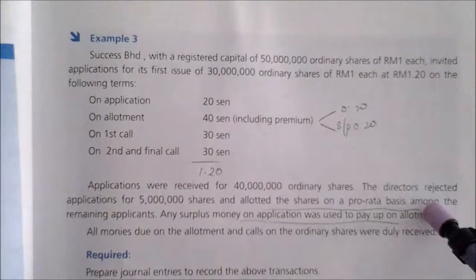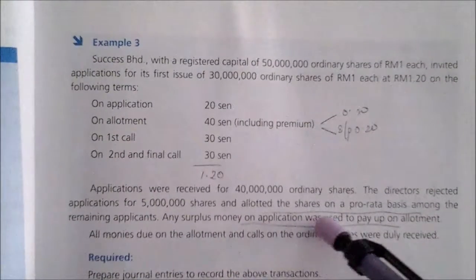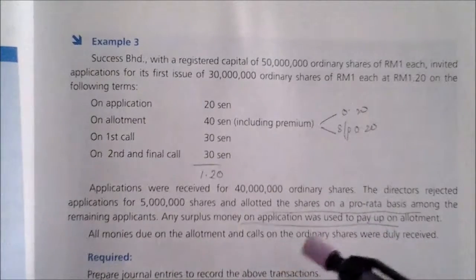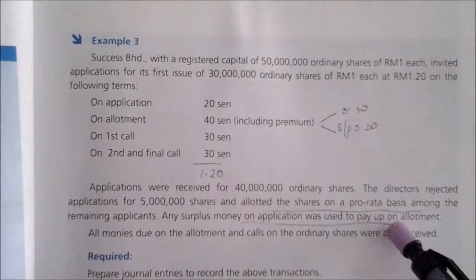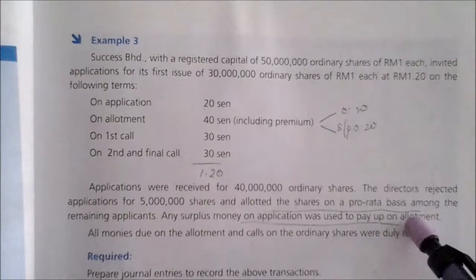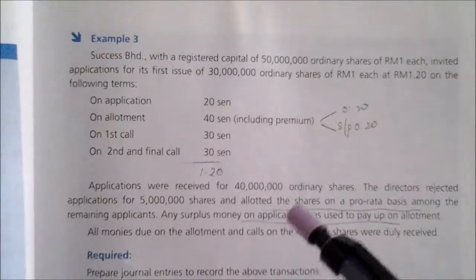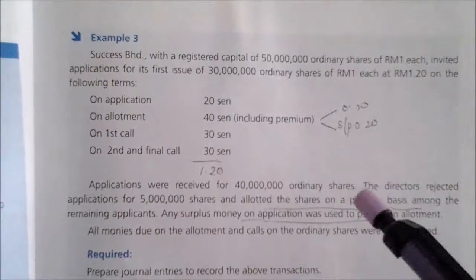These will go through the allotment on a prorata basis. Here is a big complication that a lot of students get confused about: any surplus money on application was used to pay up on allotment. Usually when people apply for shares, they don't apply for just one share. They apply for 2 shares or 3 shares or more.